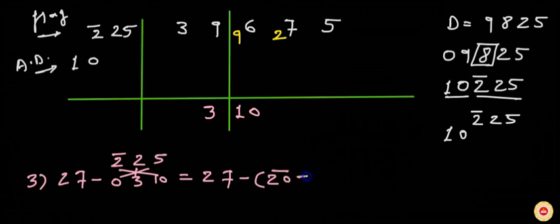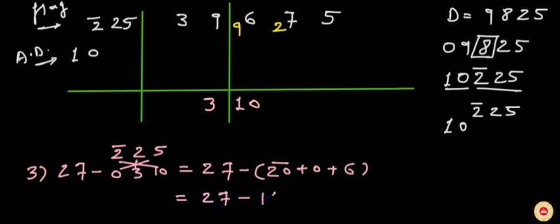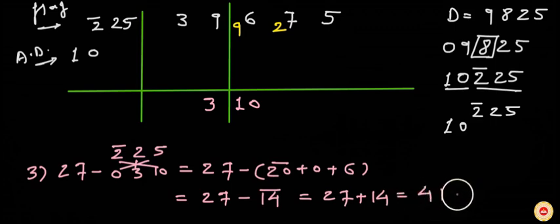Plus 3 twos are 6, which is equal to -20 plus 6, that is -14. 27 minus -14 gives us 27 plus 14, which is 37 plus 4, 41. Right? So 41 is the net dividend.